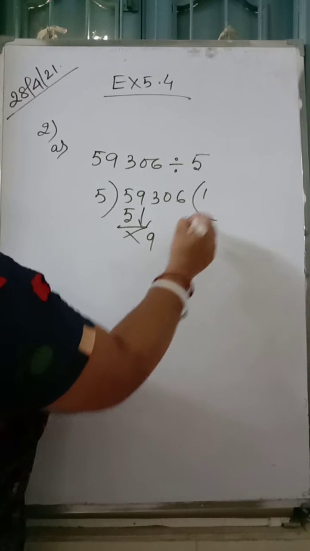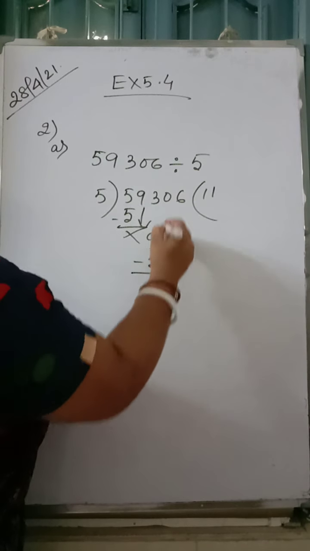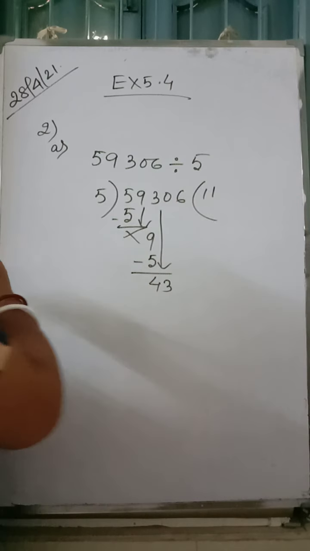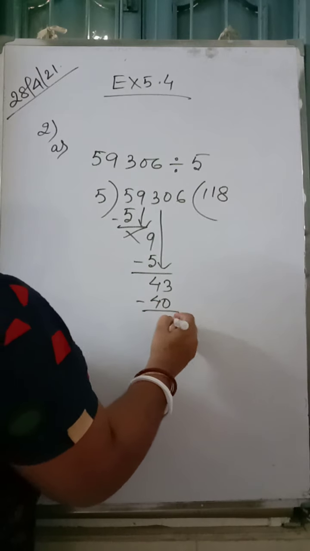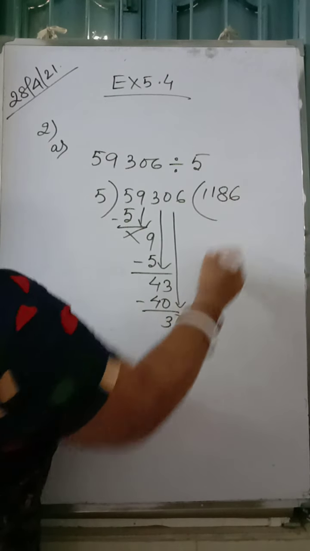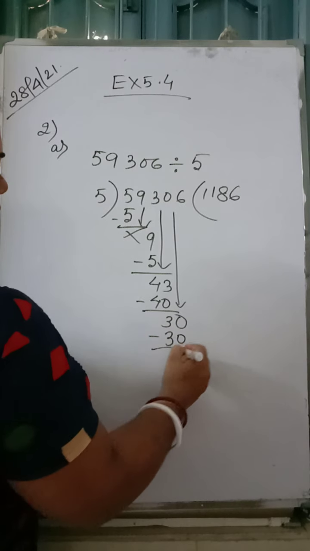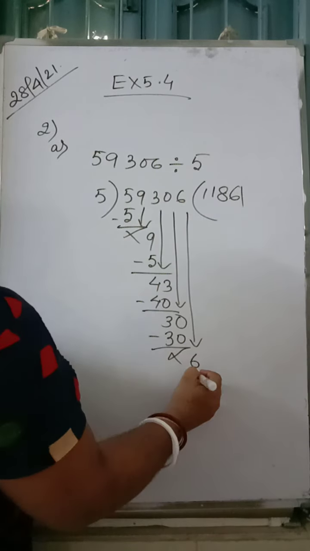Next digit will come, 9. 5 ones are 5. 4 is a remainder. Next is 3. 5 eights are 40. 3. The next is 0. 5 sixes are 30. So next is 6. 5 ones are 5.